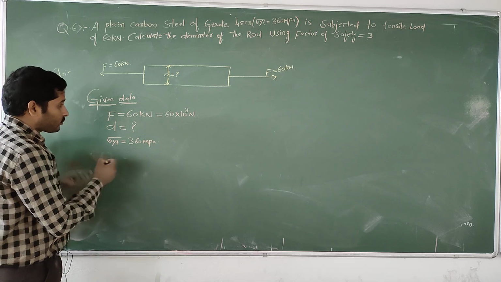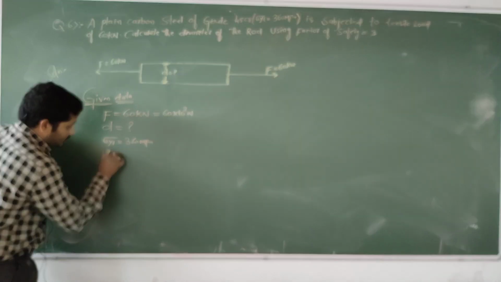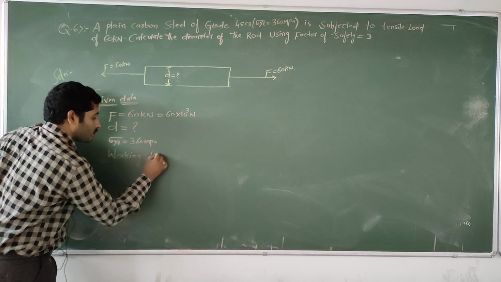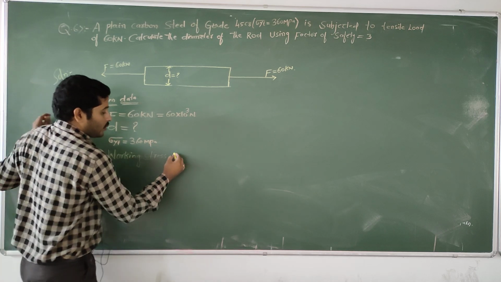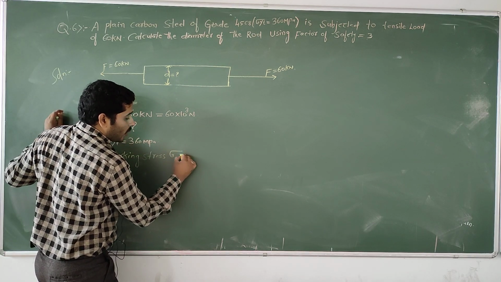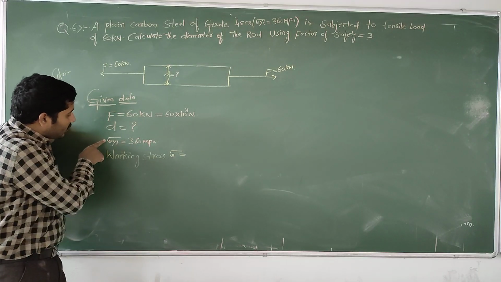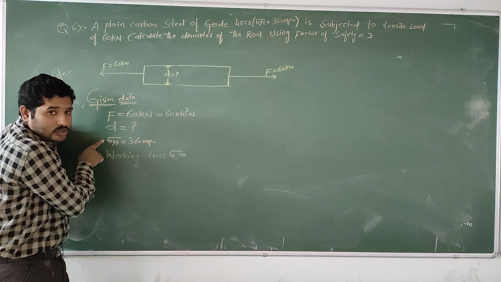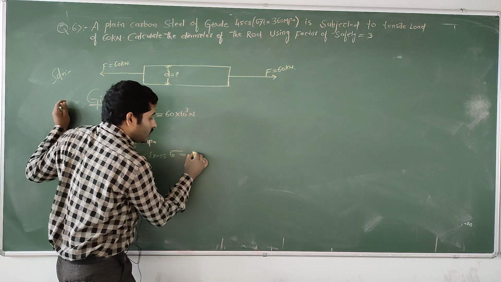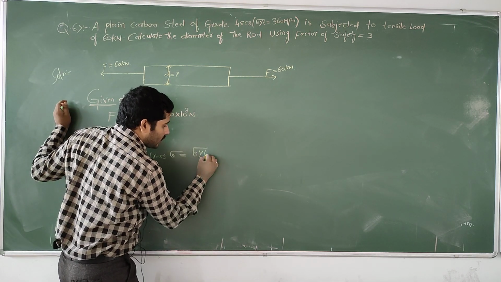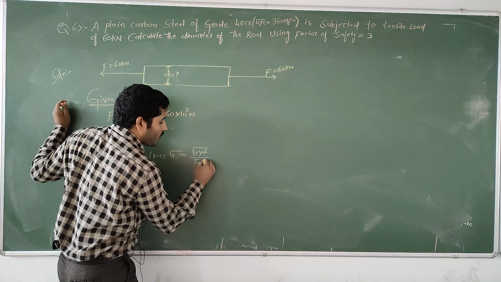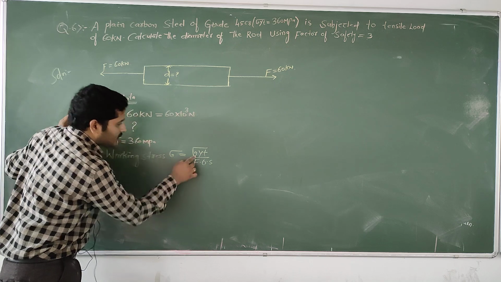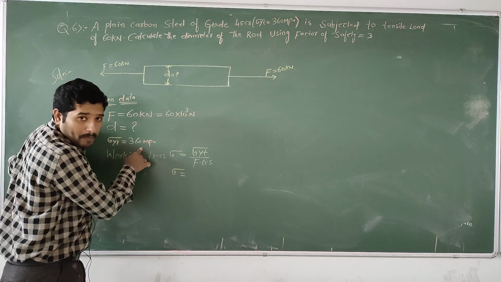Working stress sigma equal to ultimate stress by factor of safety. What is the formula here? Ultimate stress by factor of safety, that is sigma YT by factor of safety. The yield stress is given as 360 megapascal.